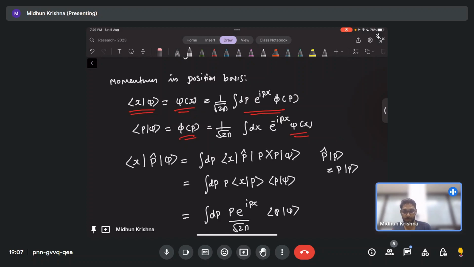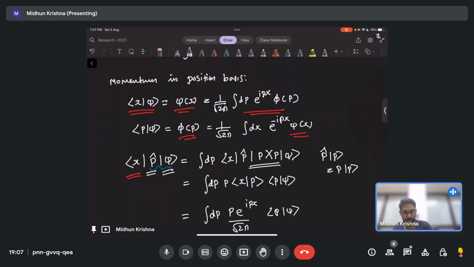Let's say I have this momentum operator p acting on psi, and how does this action look in the position basis? Momentum is acting on the state psi, whatever psi is, and I'm looking at it in the position basis. I can put an identity, integral of dp |p><p| here, and move the integral dp to the side.